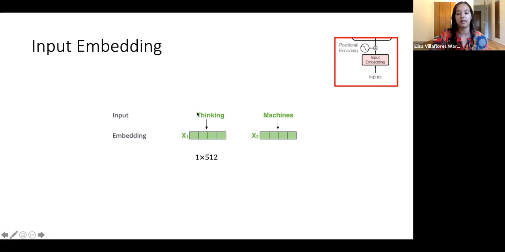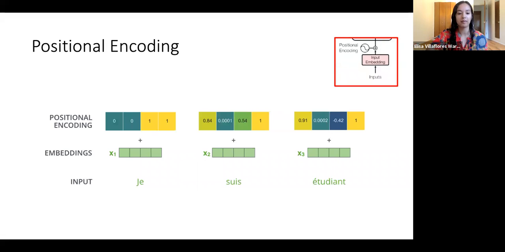So now the input went from a word to a 1 by 512 vector. Okay, and now they add something called a positional encoding. This tries to address one of the advantages of recurrent neural networks: in the recurrent neural network, we have an understanding of the position of words in a sentence because we get the previous word as input. And so this was their way of trying to address that.